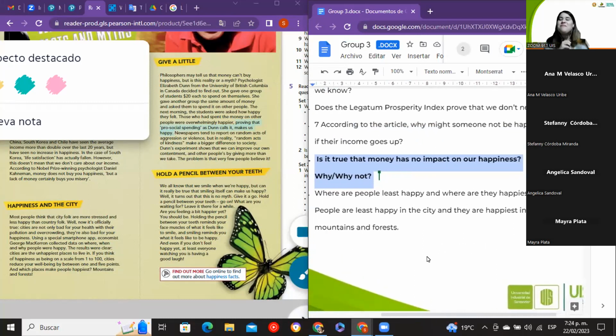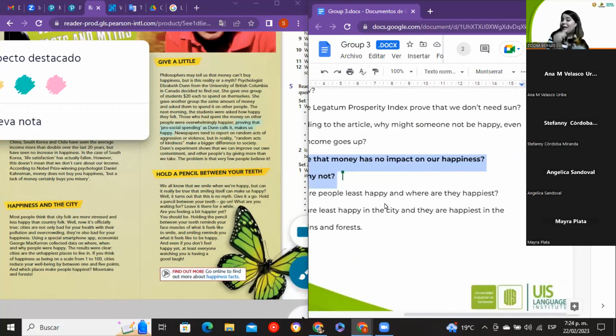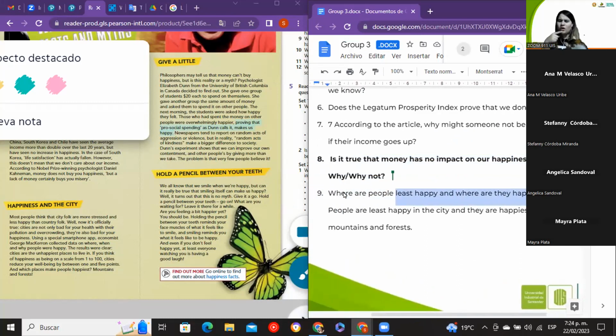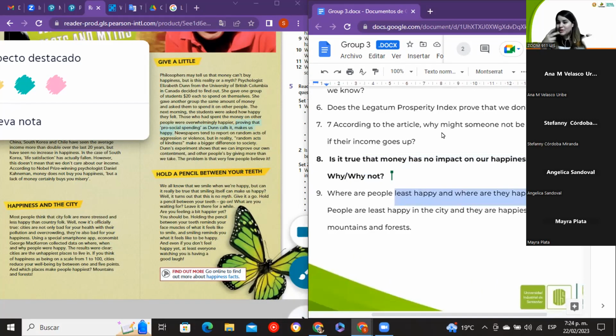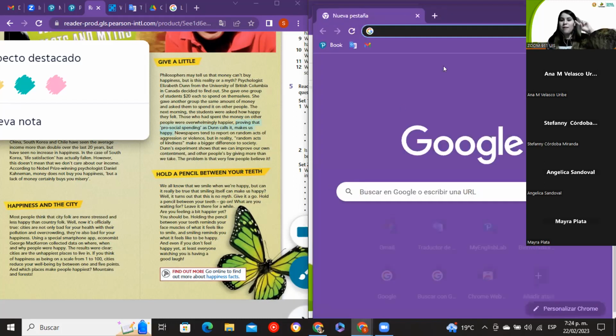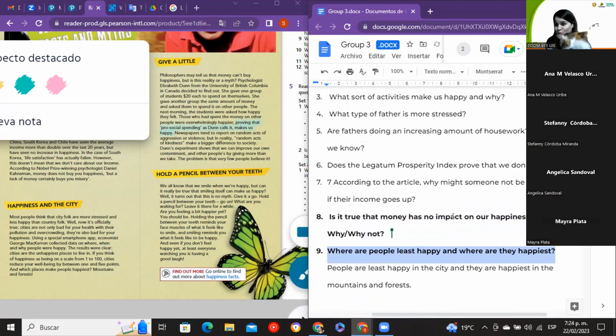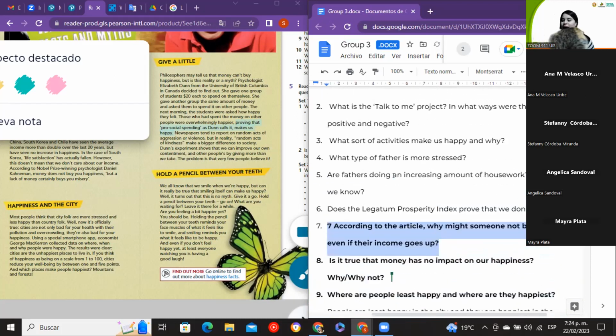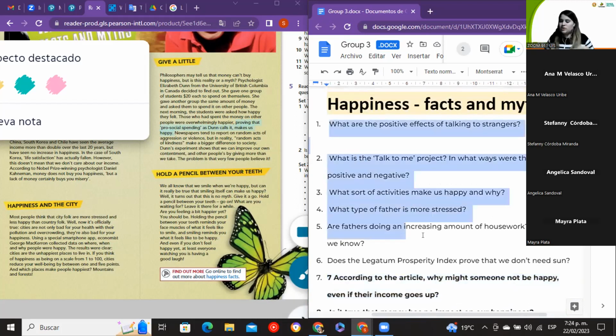I'm sorry if I forgot that I came here, but I'm visiting all the groups, and then I'm like, oh, did I visit this group or not? So I'm visiting the groups twice, and then I'm asking the same questions. I'm happy that you are working on the activities, that you found the two readings, and that you are answering the questions. So keep up the good work, girls. If you need help, let me know. Thank you, teacher.